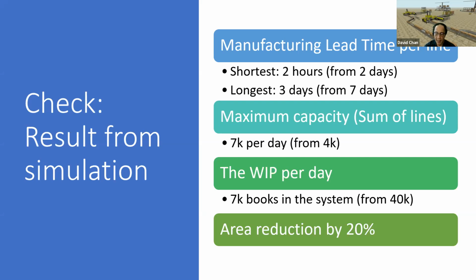These are some of the results we collected from the simulation. We made this proposal to management, saying that Lean is good, and through simulation we have proven that you can achieve this kind of result through Lean implementation.